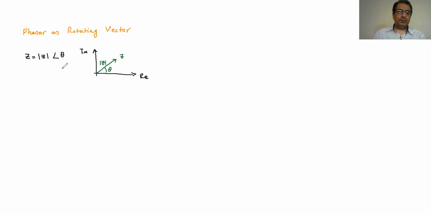Now, if I convert that to this, instead of z, assume I have z with the magnitude of z and with angle of omega t plus theta. So instead of having a constant angle, I have an angle as a function of time.